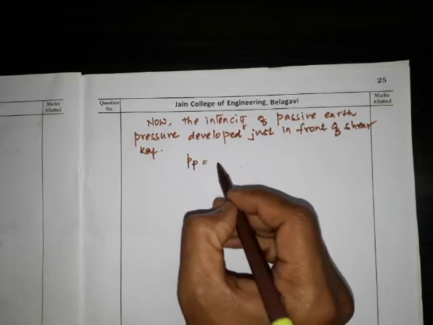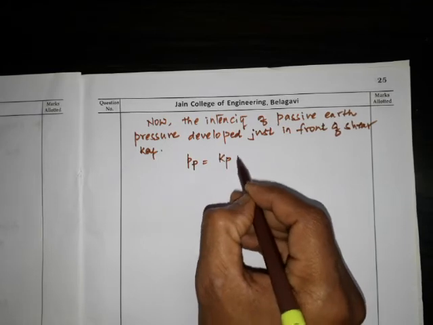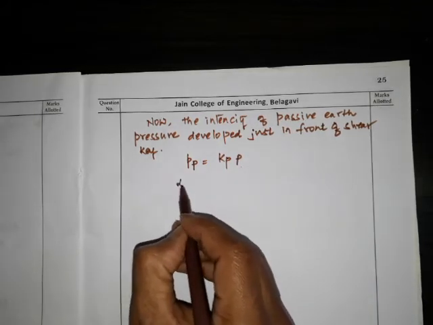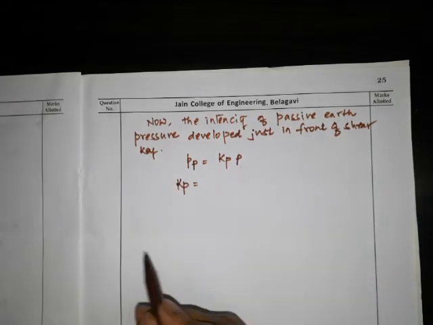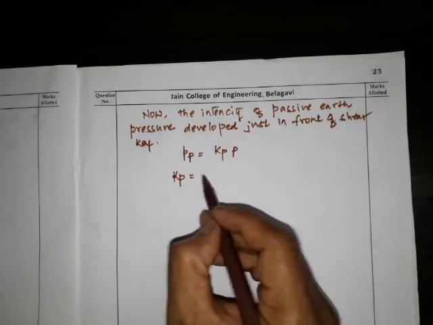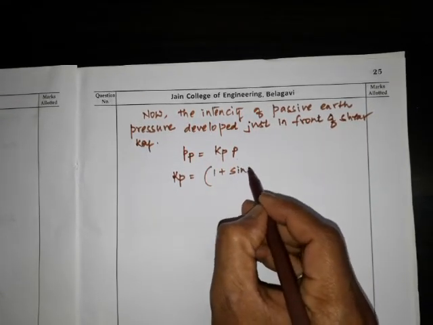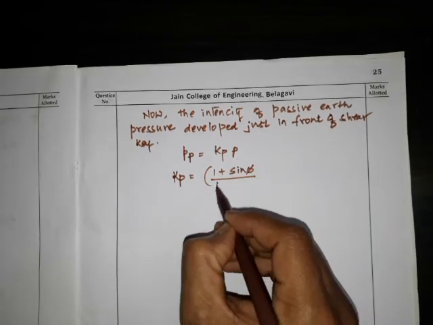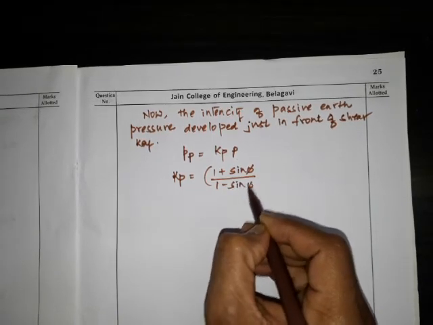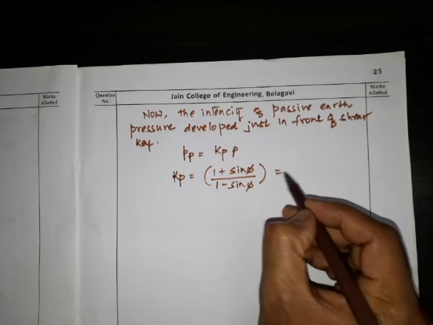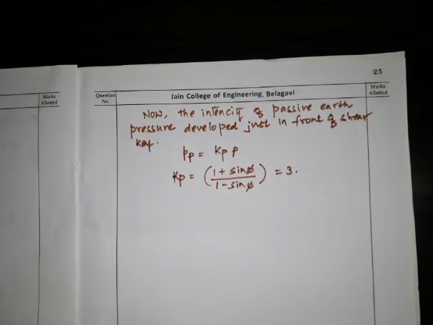Pp is Kp into P. So therefore Kp is 1 plus sin phi upon 1 minus sin phi, which is equal to 3. Okay.